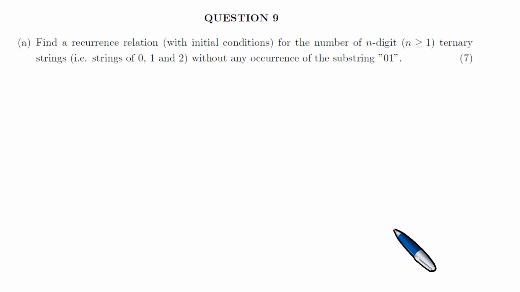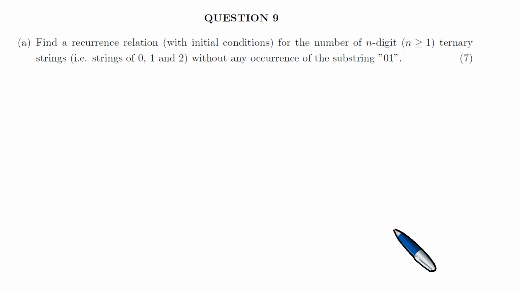Okay, we continue. So now find a recurrence relation with initial conditions for the number of n-digit ternary strings. Ternary strings are those strings with 0, 1, and 2 without any occurrence of the substring 01. The marks are 7.